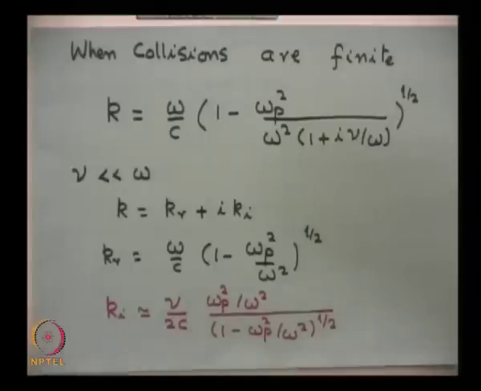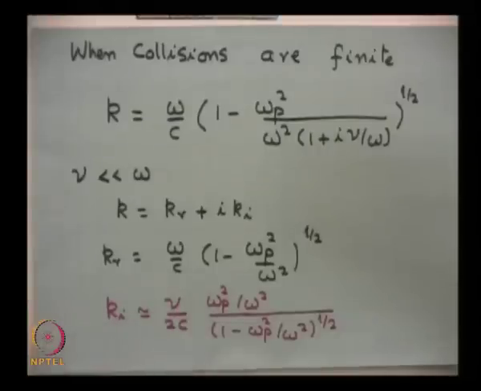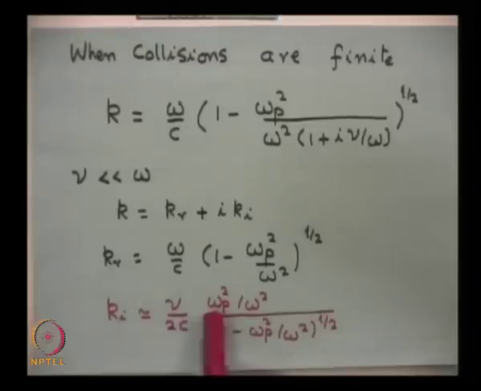So when a wave goes from a low density plasma into a high density plasma, two things happen. Collision frequency increases because it depends on plasma density, and because omega is now closer to omega p, the denominator becomes smaller and there is enhancement because of that also. So this Ki is a very strongly increasing function with plasma density.